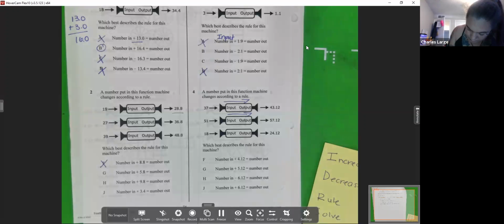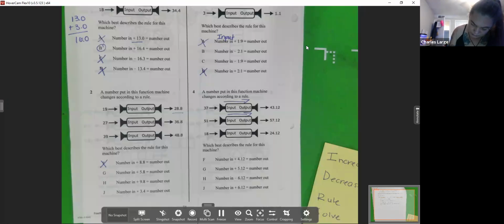Okay, 4.12. It's 2, 1. That is not right. 37.00, 5.12 to 1.12 for 42.